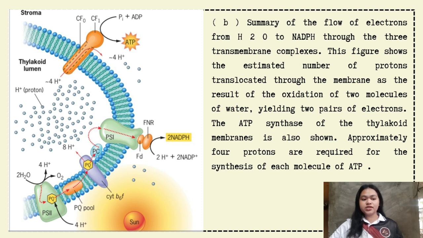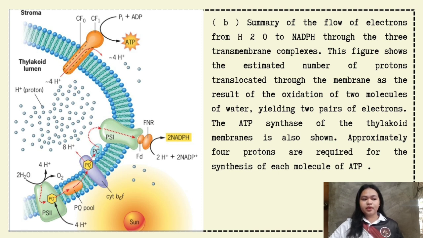This figure shows the estimated number of protons translocated through the membrane as the result of the oxidation of 2 molecules of water, yielding 2 pairs of electrons. The ATP synthase of the thylakoid membrane is also shown. Approximately 4 protons are required for the synthesis of each molecule of ATP.